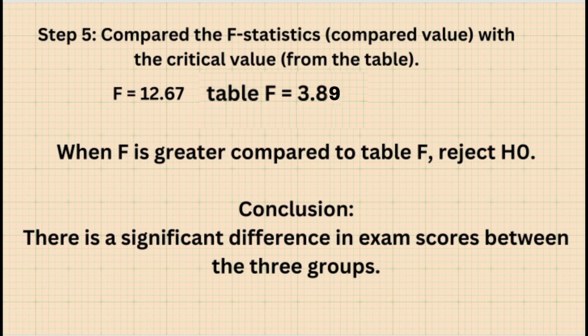Compare the F statistic computed value with the critical value from the table. F equals 12.65. Table F equals 3.89. When F is greater than table F, reject the null hypothesis. Conclusion: there is a significant difference in exam scores between the three groups.